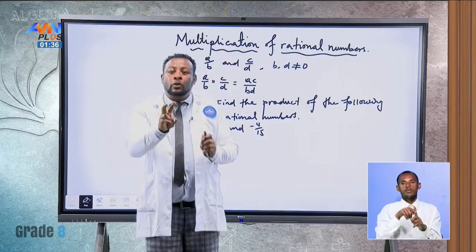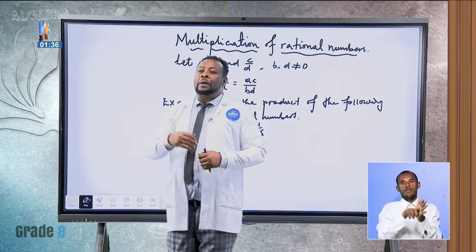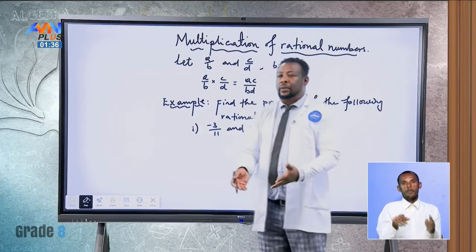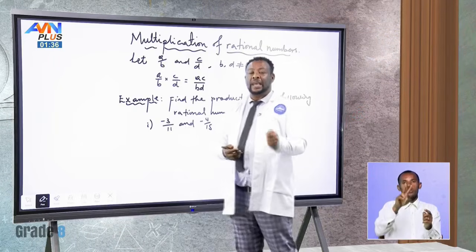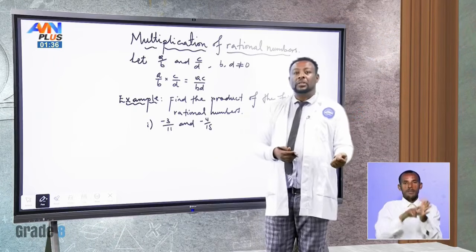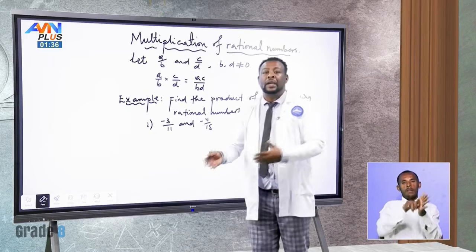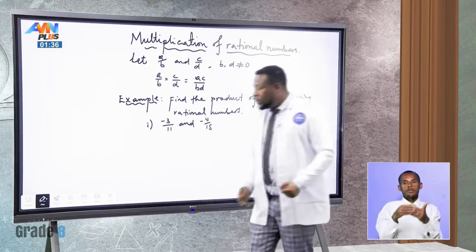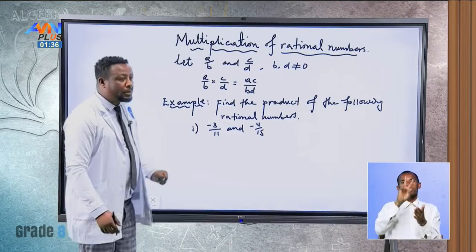If both of them are positive or if both of them are negative, the product will be positive. But if one of the two rational numbers is negative and the other is positive, the product of the two numbers will be negative. You need to keep in mind this principle. So let's see how to calculate these two rational numbers.